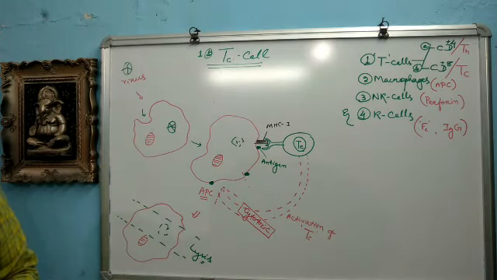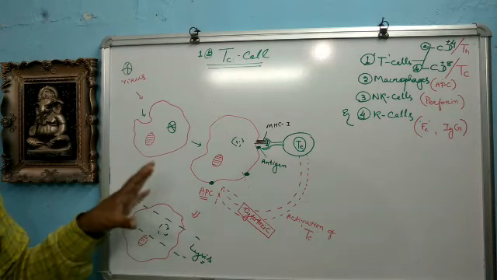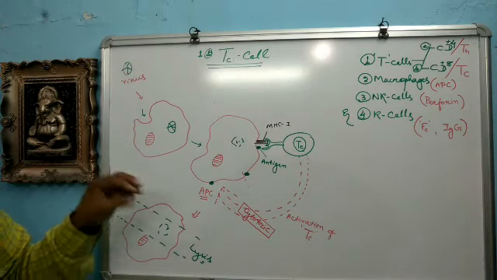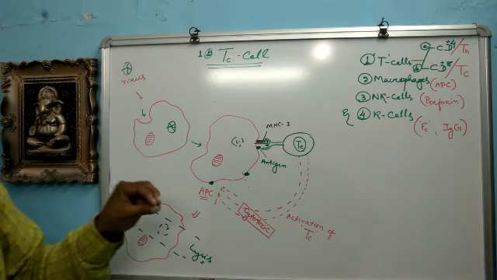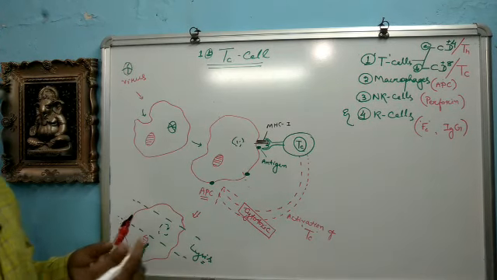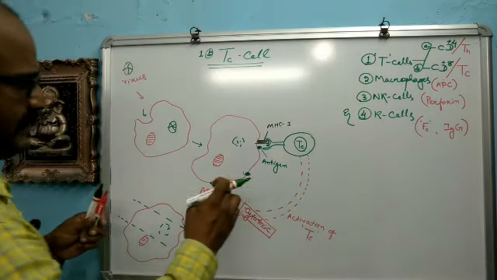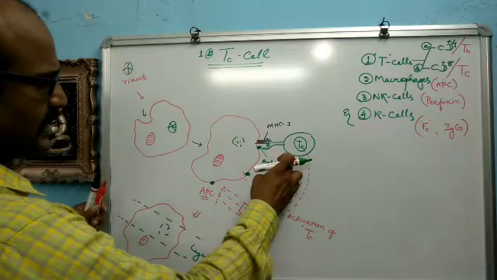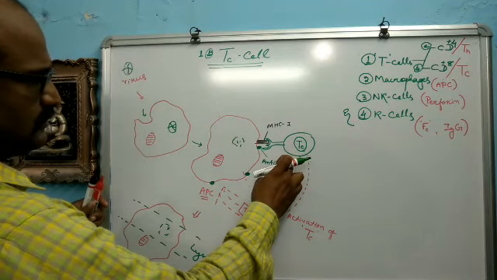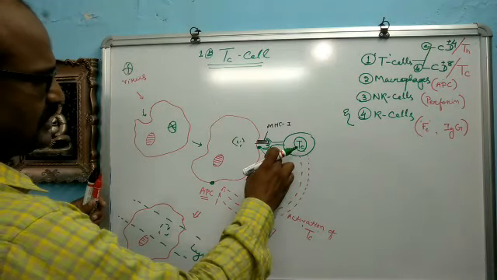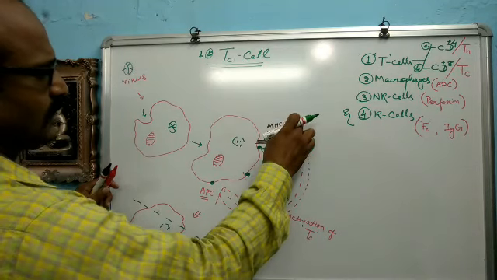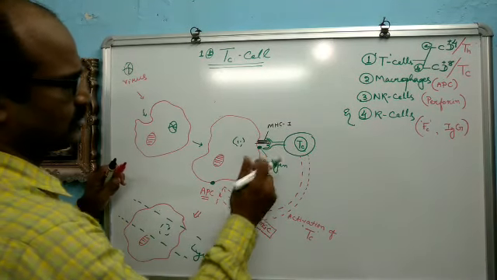So here we see that the viral infected cell is actually killed or lysed by the TC cells after activation, and it is activated by the binding of its receptor to the MHC class 1 molecule in association with antigen.